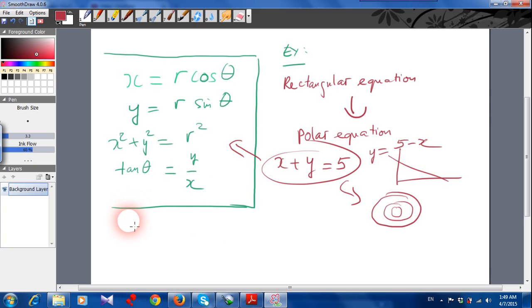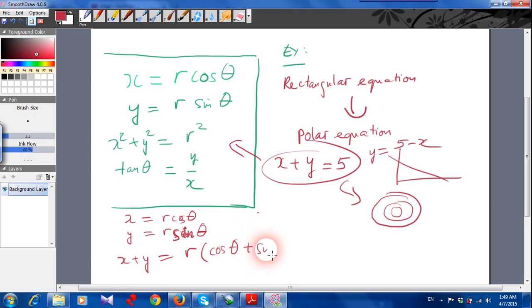We know x is r cosine of theta, and y is r sine of theta. So x plus y is r times cosine of theta plus sine of theta, and it will be 5 in this question.